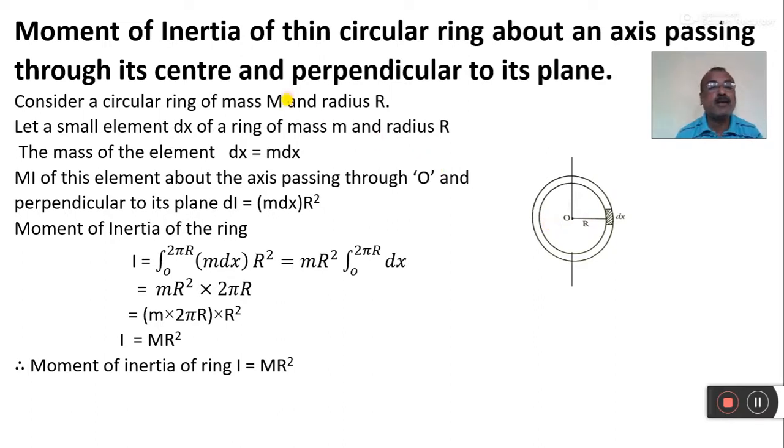Capital M is the mass of the circular ring, small m is the mass of the element. Therefore, m dx is known as the mass of the element.